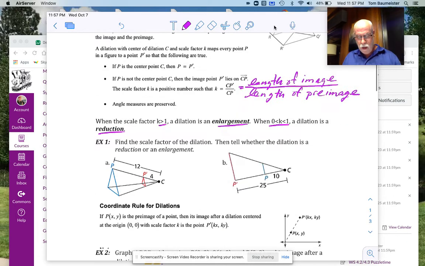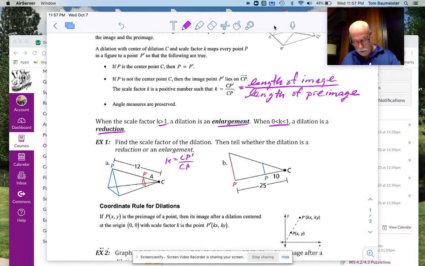Okay, so example 1, find the scale factor of the dilation. Tell whether the dilation is a reduction or an enlargement. So on the first one there, we have K is equal to CP prime over CP.